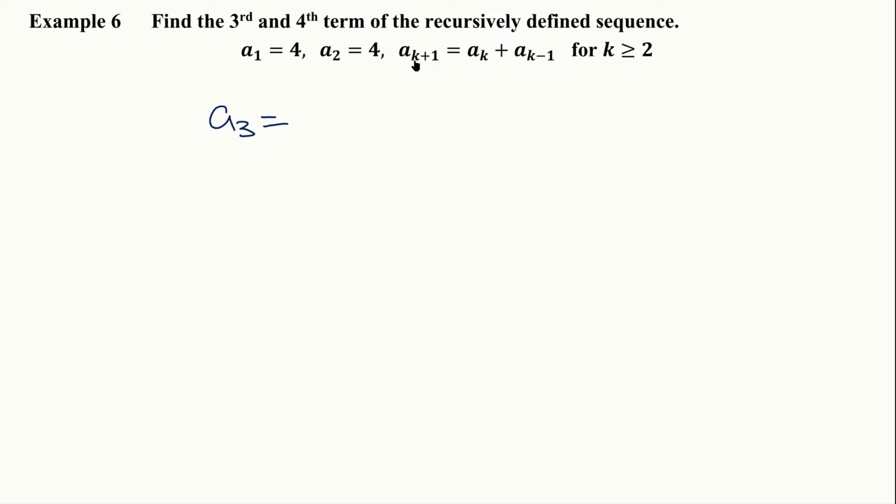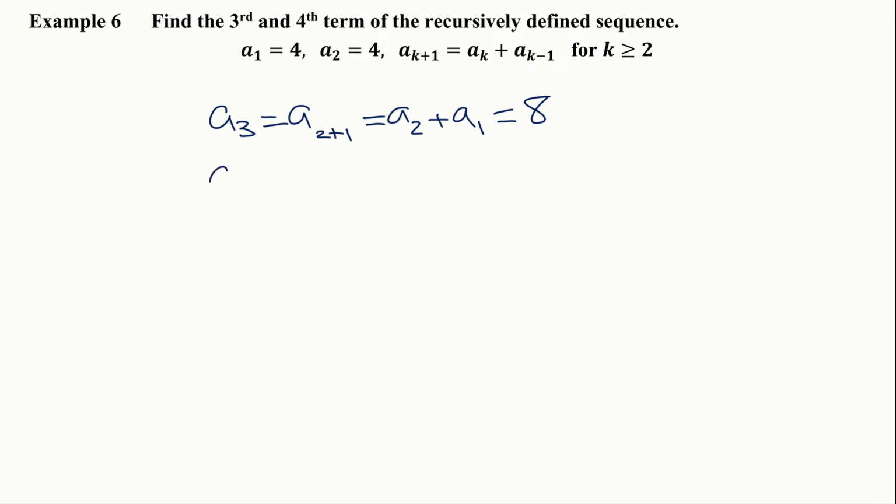So I get a3, which is a2 plus 1, is going to be, so let me actually write it out like that so you can see it, which is going to be a2 plus a2 minus 1. Remember, I'm using k equals 2. So 2 minus 1 is 1, so I get a1. So I'm just going to add a1 and a2 to get my a3. So what is that? 4 plus 4, which is 8.